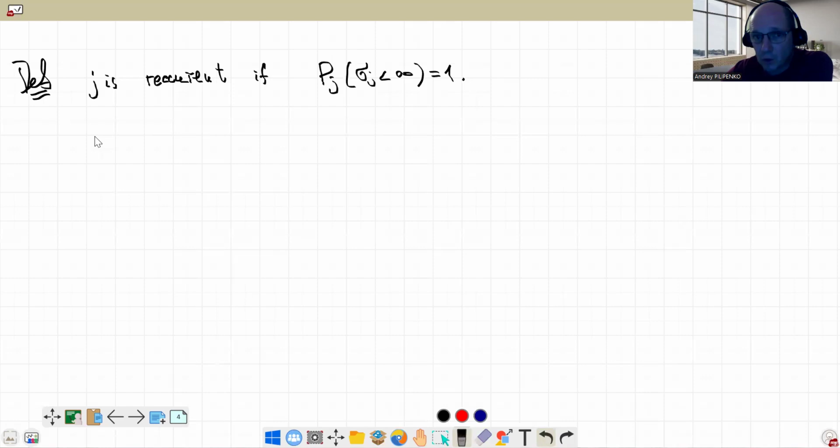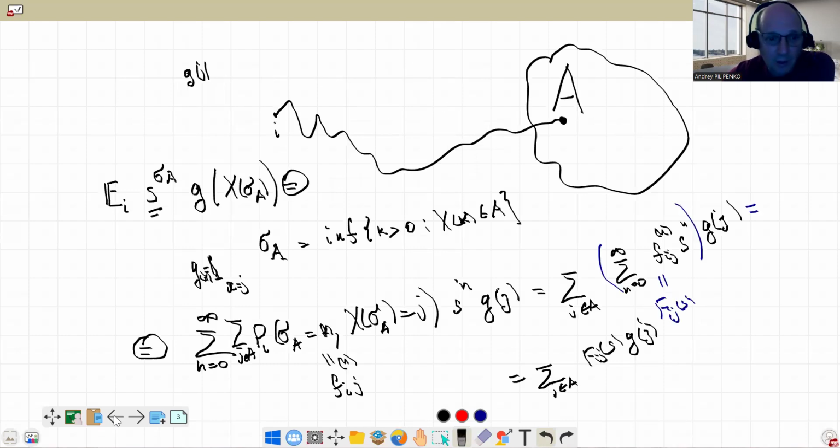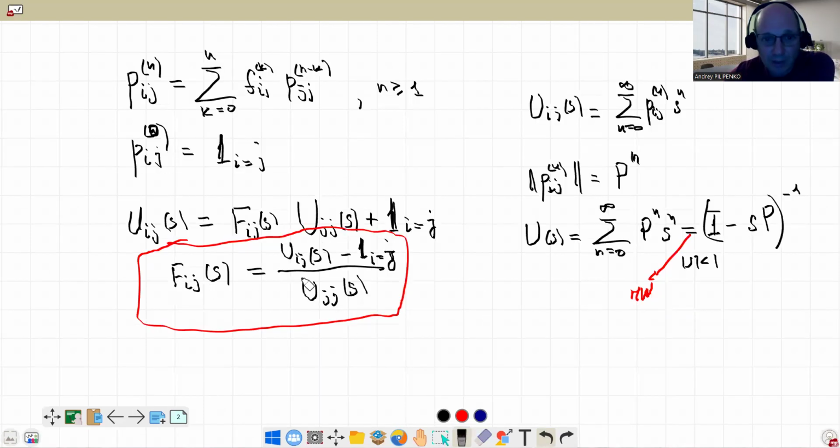And now let's try to calculate this probability. Well, this probability is equal to the sum over n from 0 to infinity of fjj n, or fjj of 1. Let me recall our result about the relation between f and u. Now I is j, so this indicator is 1.